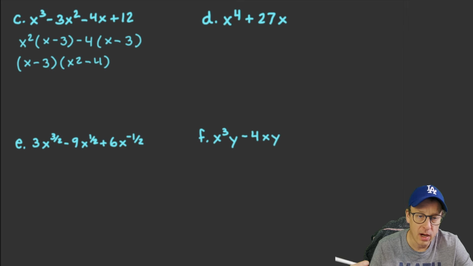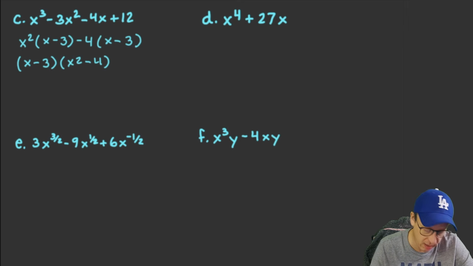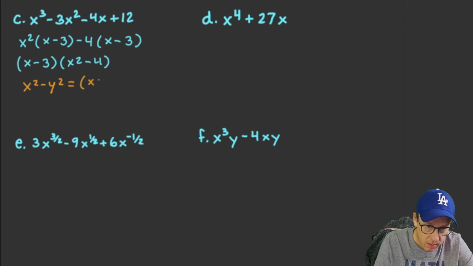Another thing we can do here is use what's called the difference of two squares formula. And what that says is, I'll do this in orange so that it stands out a little bit, if we have x squared minus y squared, this is going to be equal to x plus y and x minus y.